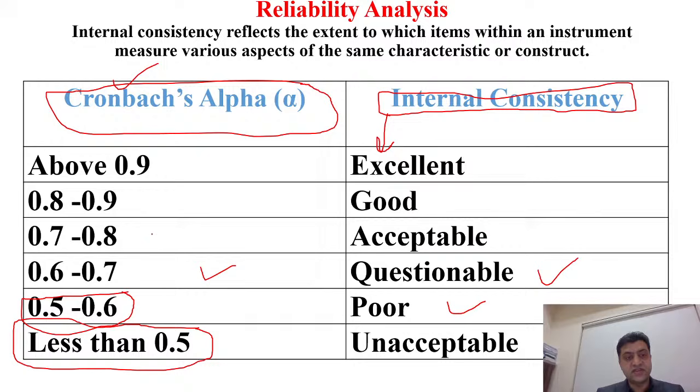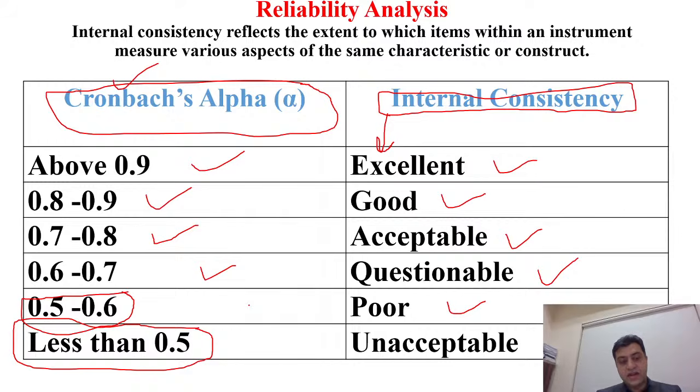If it is 0.7 to 0.8, it is acceptable. 0.8 to 0.9 is good. And 0.9 and above is excellent. So these are the values that you need to keep in mind before you go towards reliability analysis.